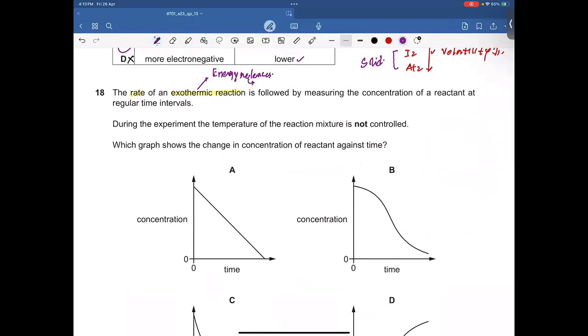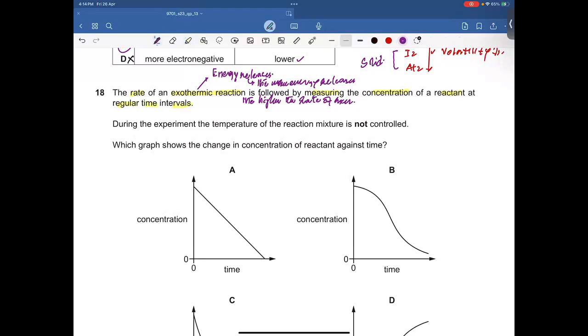And the most important thing is, the more energy releases, the higher the rate of reaction. Anyhow, by measuring the concentration of a reactant at regular time intervals.